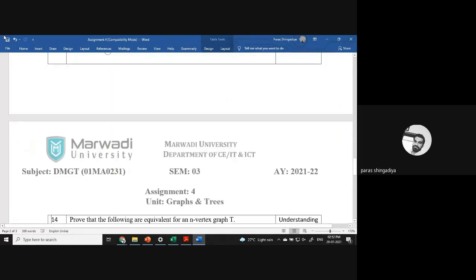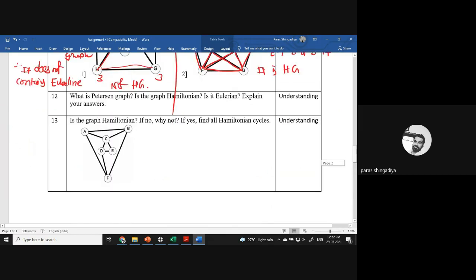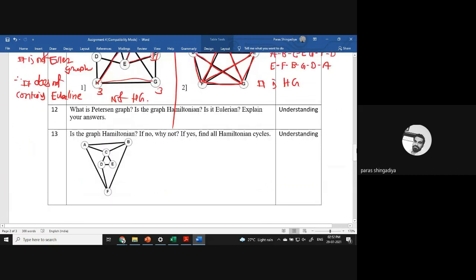Now the next two examples are there. Example number 12. Draw the Petersen graph and check whether it is Hamiltonian and Euler or not. You draw the Petersen graph and check whether it is a Hamiltonian graph, whether it is an Euler graph, and explain your answer.